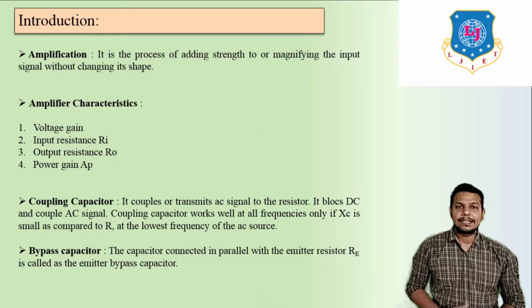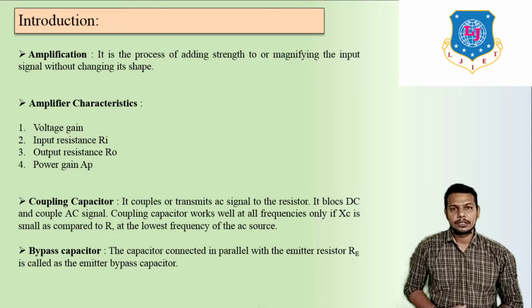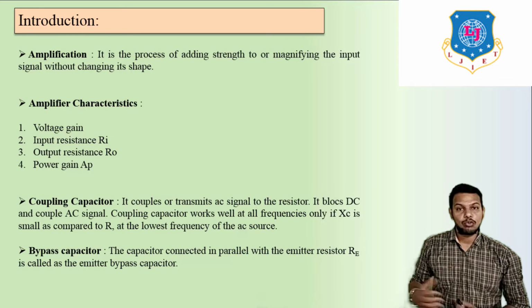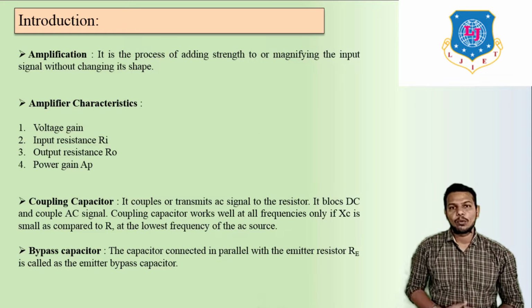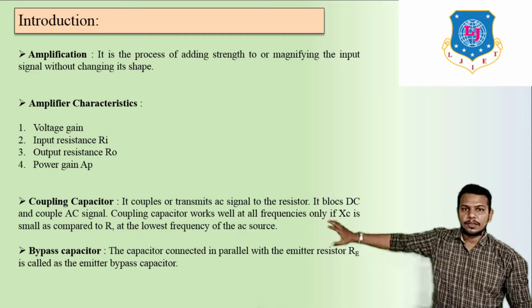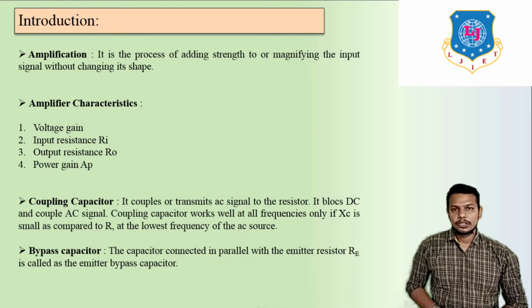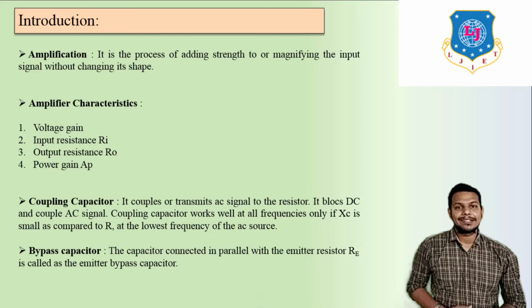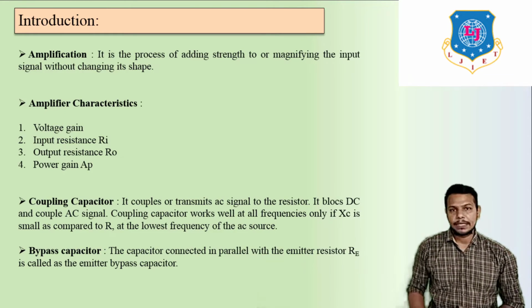Gain is the ratio of output upon input. Voltage gain means output voltage upon input voltage. Number two is input resistance Ri. Number three is output resistance Ro, and number four is power gain Ap.